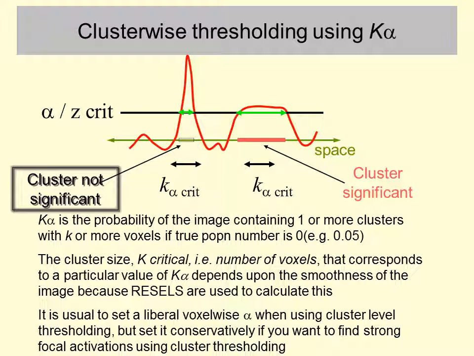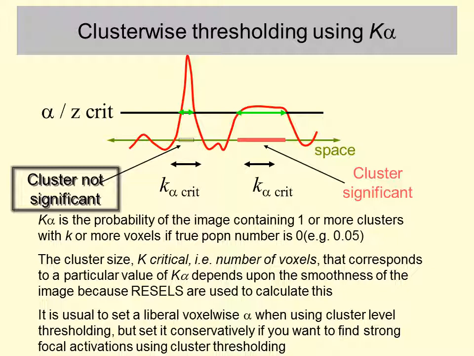Now, the critical cluster size, K critical, that corresponds to a particular value of K alpha, the probability you want to accept of a false positive cluster in the image, depends on the smoothness of the image, and resels are used to calculate this.